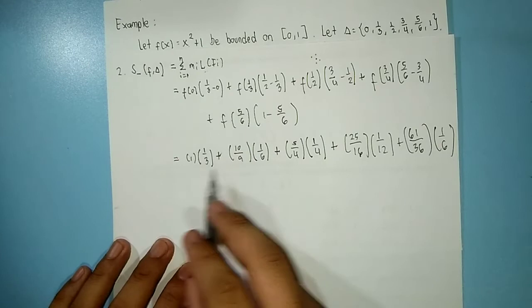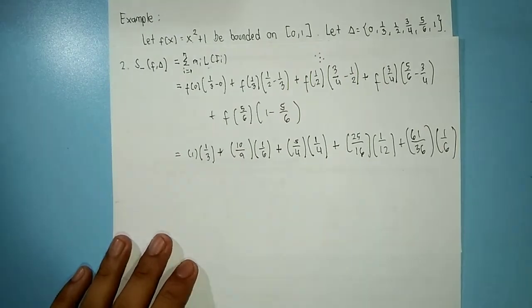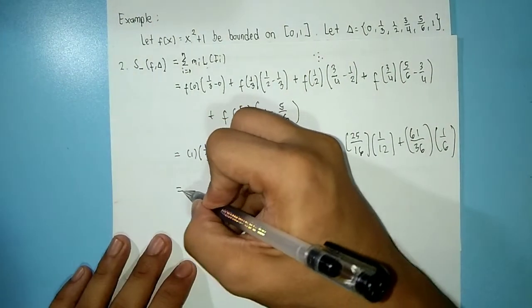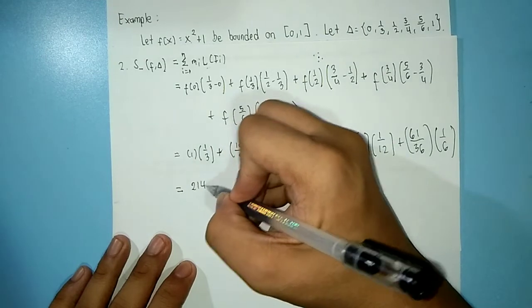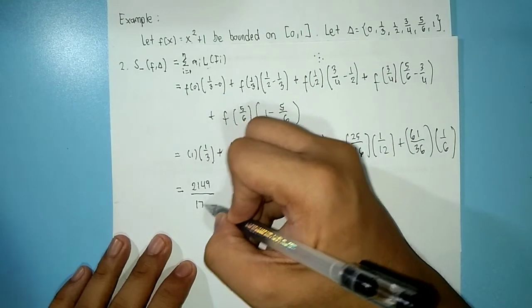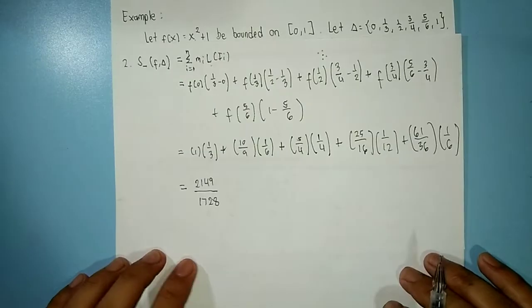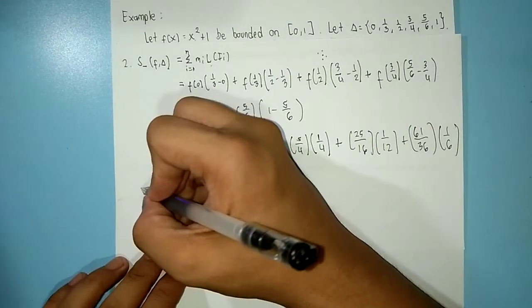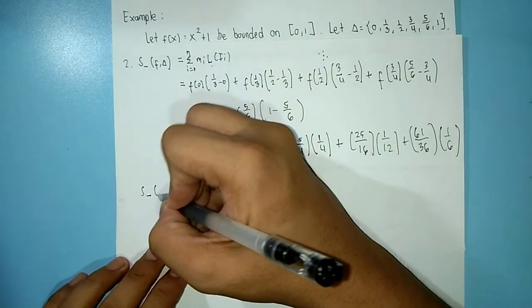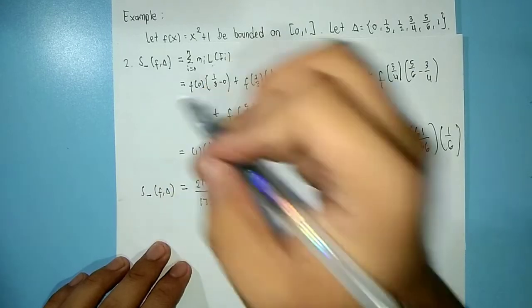Okay, so kung i-compute natin to using calculator, this is equal to 2149/1728. Okay, so ito yung ating lower Darboux sum of f with respect to our delta.